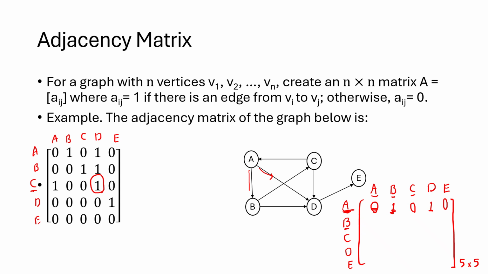It doesn't matter whether your graph has 10 vertices or 100 or 1,000. It takes the same amount of time to look up whether there is an edge from a given vertex to another. And that is the advantage of adjacency matrices. They're very quick if you want to check whether there is an edge between two given vertices.